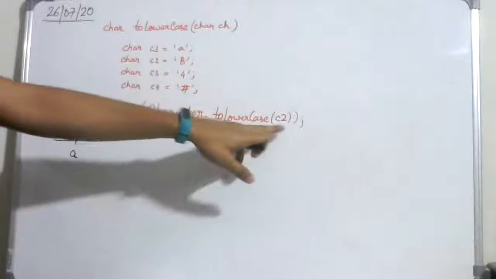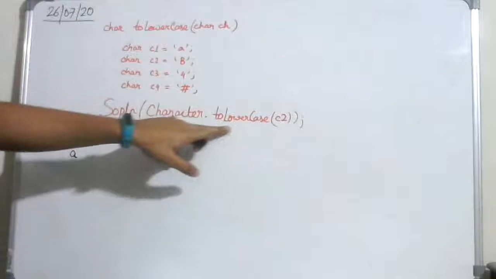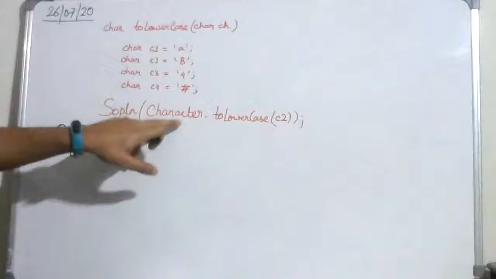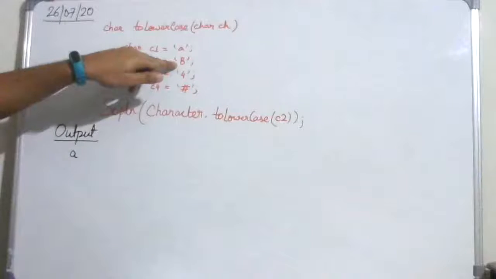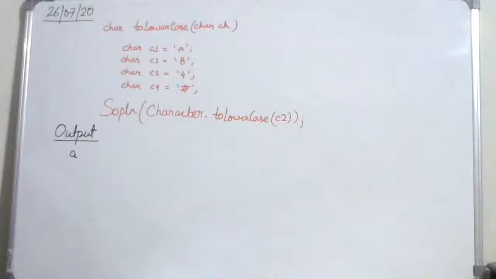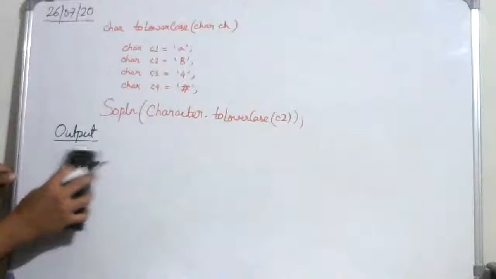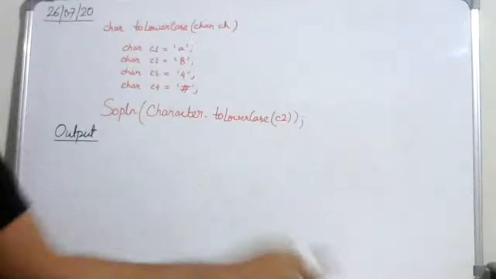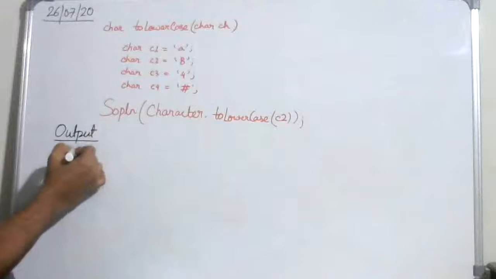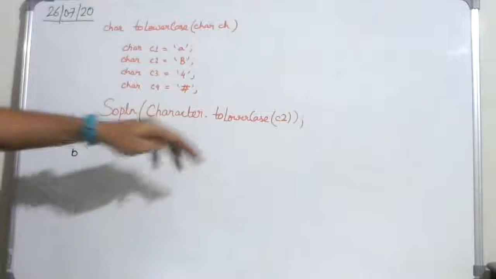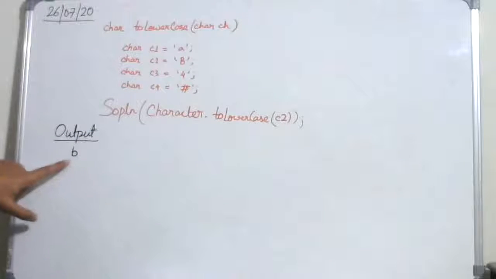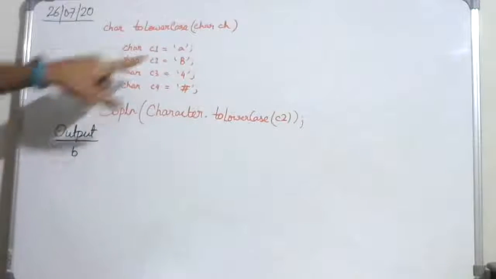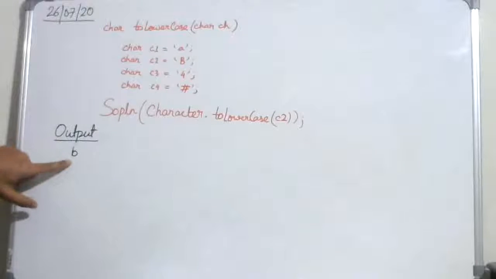On passing this uppercase value to the toLowerCase function of the Character class, it converts this uppercase letter to its corresponding lowercase value. So capital B now becomes small b. So the output of our SOPLN statement on passing c2 as an argument gives us small b. Since this was capital B, it is converted to lowercase and we get small b as an output.